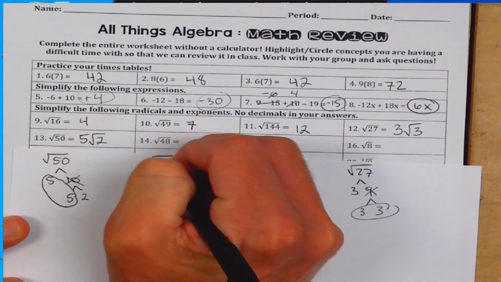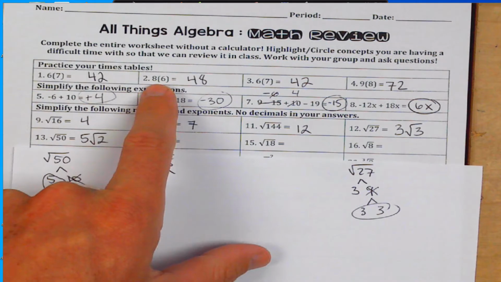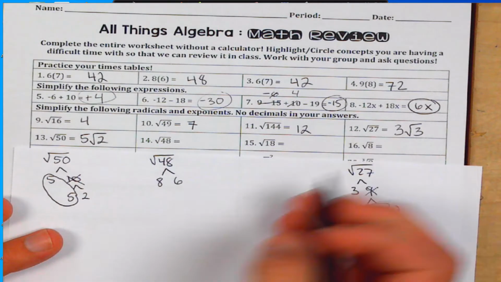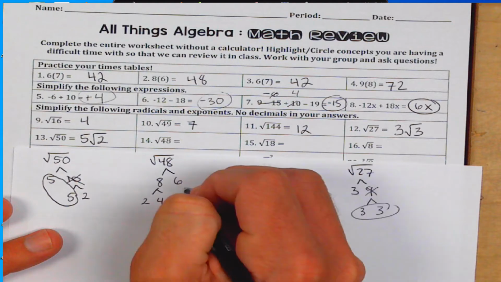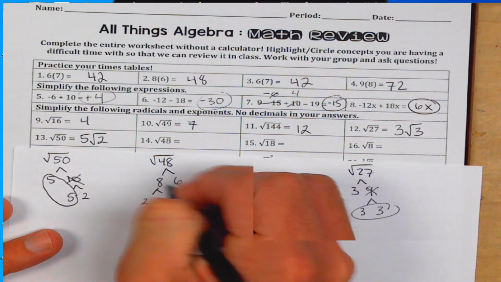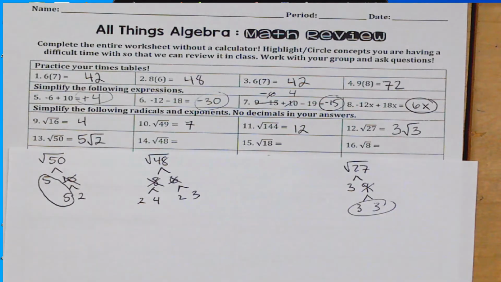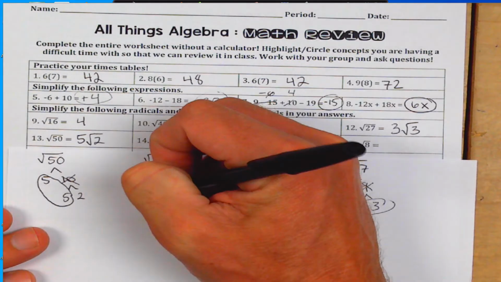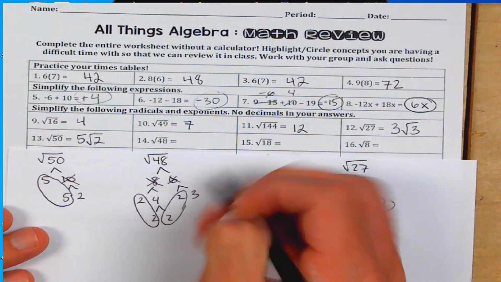All right, square root 48 is going to be, well, we could use 8 and 6 that we saw up here. So 8 times 6. 8 breaks down to 2 times 4, and this breaks down to 2 times 3, so we took care of those. 2, 3 are prime, but then this 4 also breaks down to 2 and 2, so we actually have 2's, and another set of 2's, and a 3.